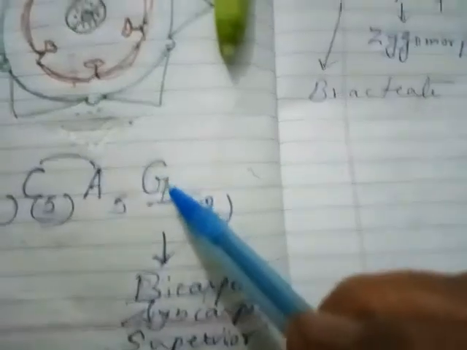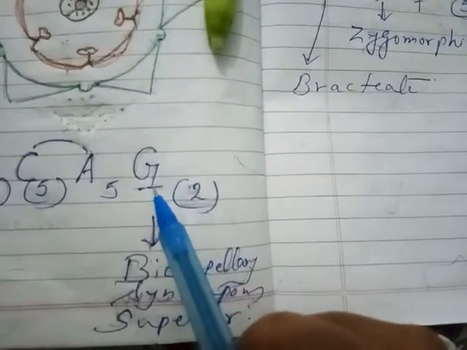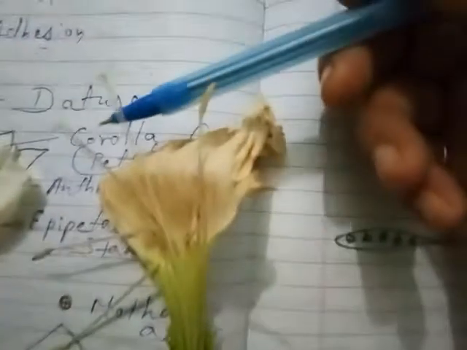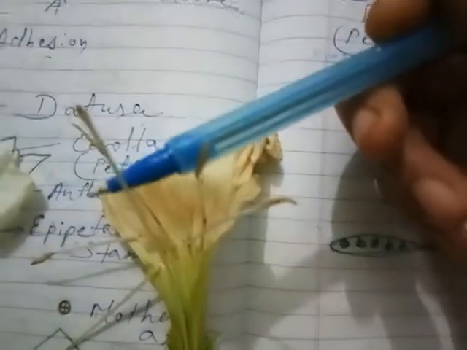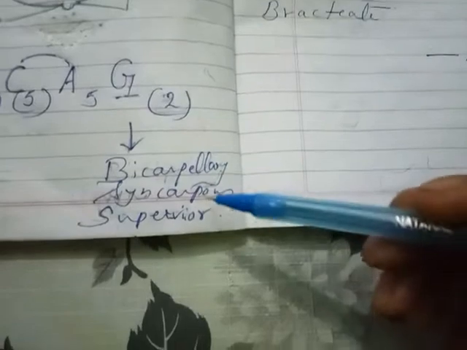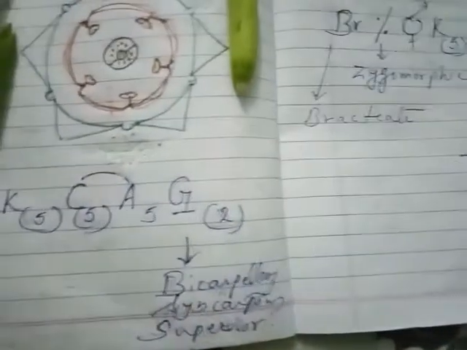For the gynoecium, the line is drawn below the alphabet G and 2 is written in the bracket. So carpels are 2 in number but both are fused together. This one is the carpel. So it is bicarpellary, syncarpous and superior in the case of Datura.